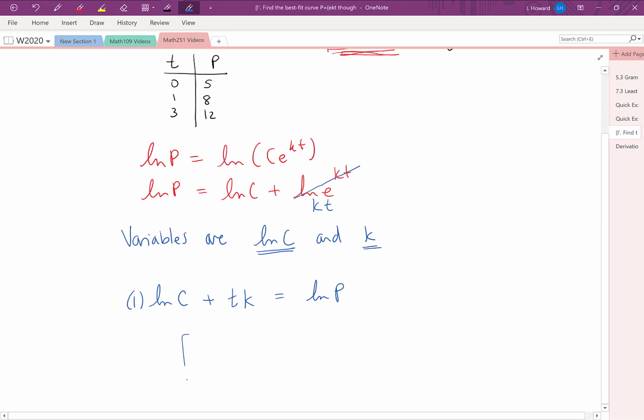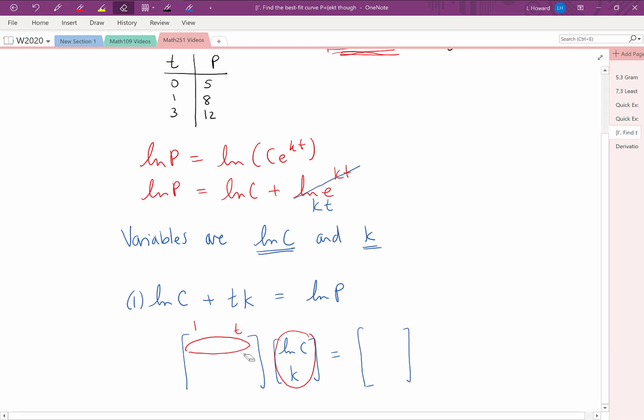So that's going to prompt us to set up a system that looks like this. So the unknowns will be the ln c and the k. And let's think about, as we do a matrix multiplication, what's going to multiply with what? Well, the 1 is going to multiply with the ln c, and the t is going to multiply with the k.